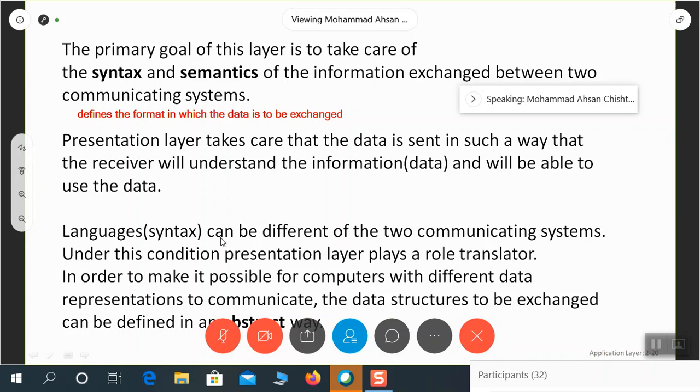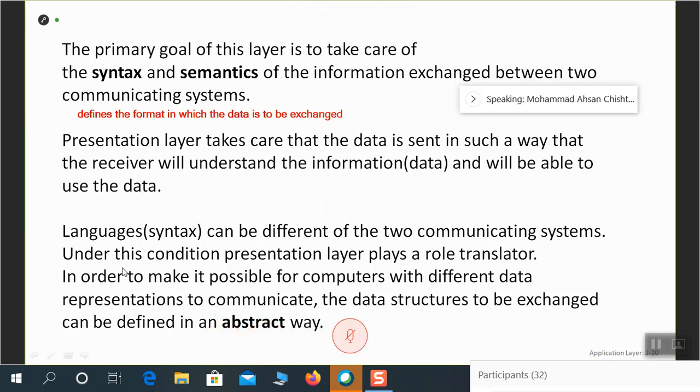So this is what the presentation layer would do as a main function, that it would translate between multiple data formats using a common data format. And also, this presentation layer would be concerned with preserving the meaning of information sent across the network.